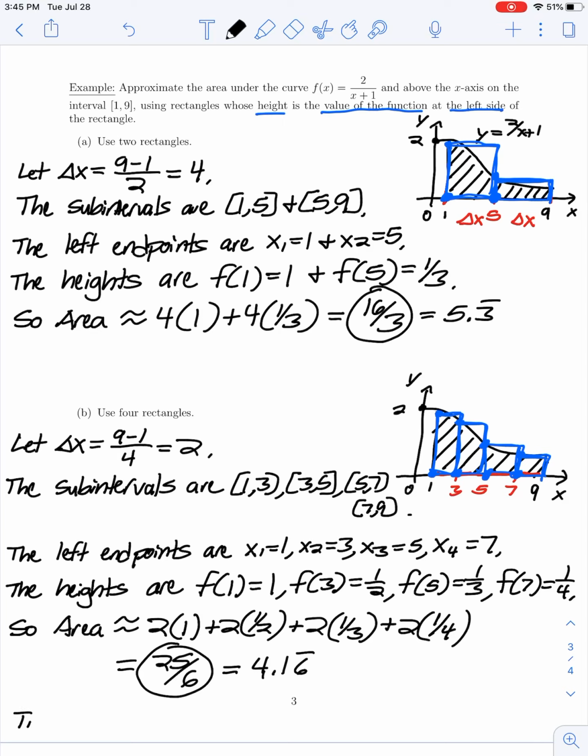And the true area, which we'll see how to find a little bit later in our chapter 13 material, is approximately 3.22. So we see again in part B, we got a little better approximation of that true area by using more rectangles.